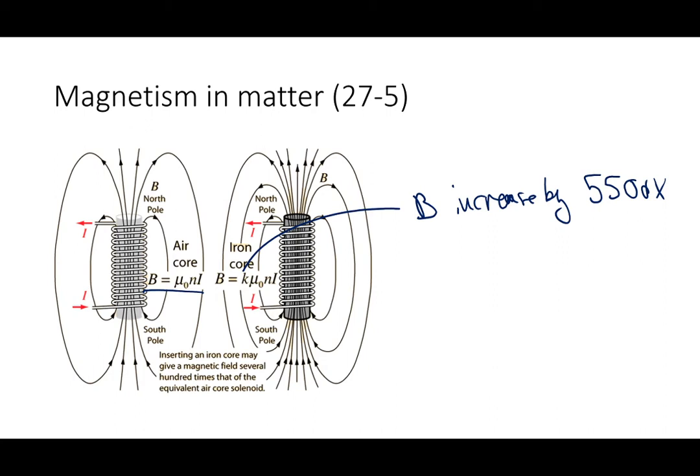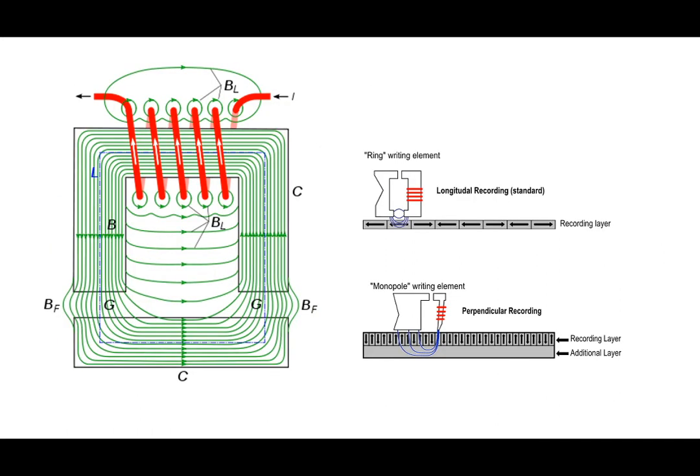So that's why if you were to make an electromagnet, most electromagnets don't just have a coil sitting out in the air, they've got some kind of iron core inside that magnifies the effect. Not only does it magnify the effect, it also has the added effect of channeling the magnetic field. So you can shape the magnetic field by channeling it through these material. One example, really quickly, is the hard drive I showed you last time, right?